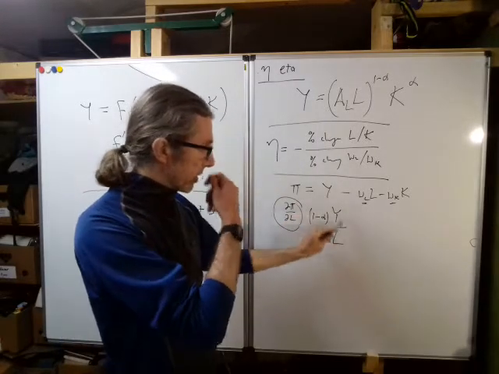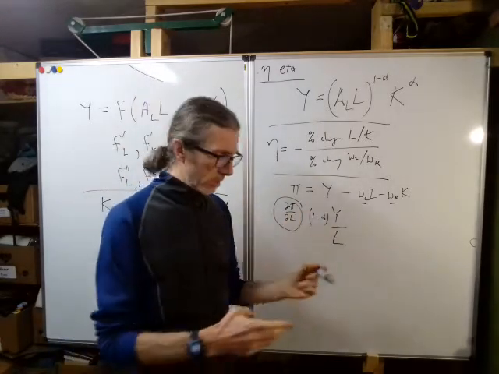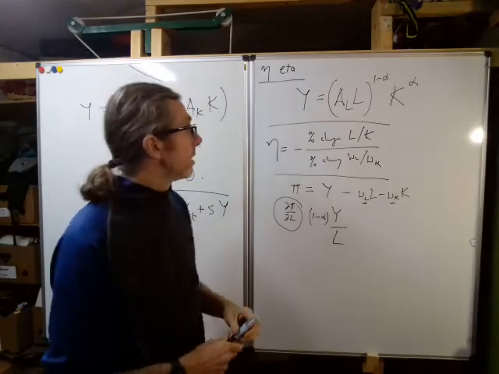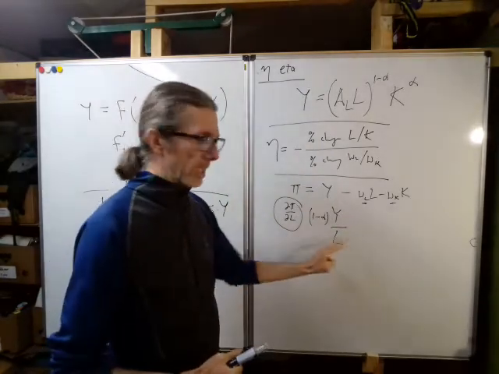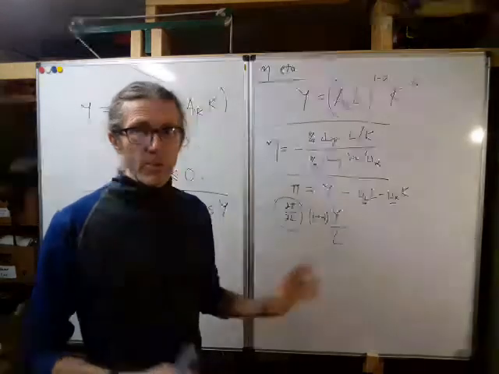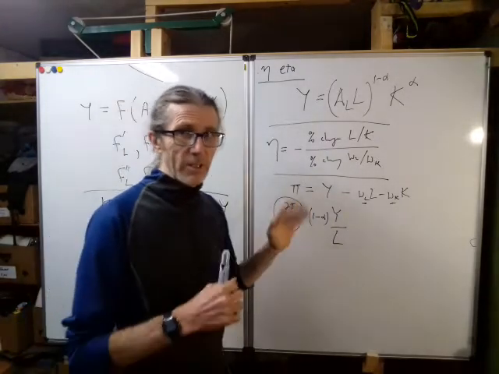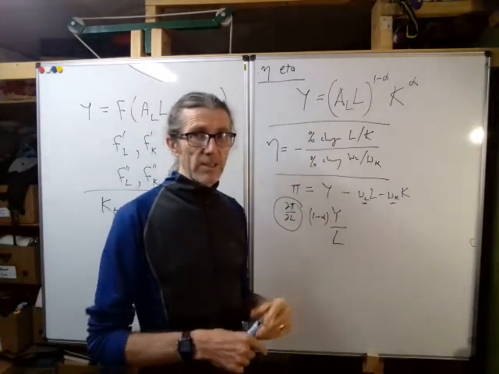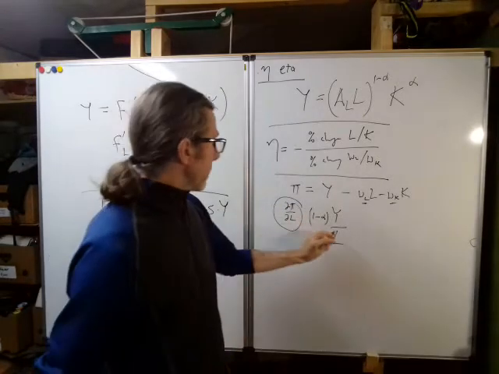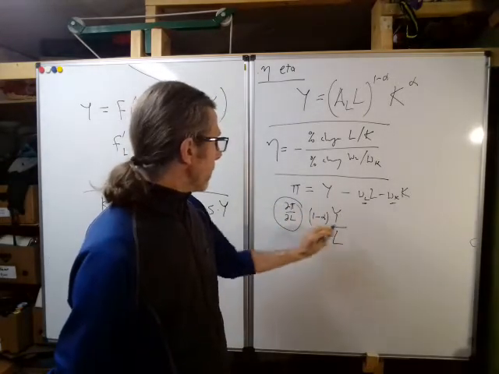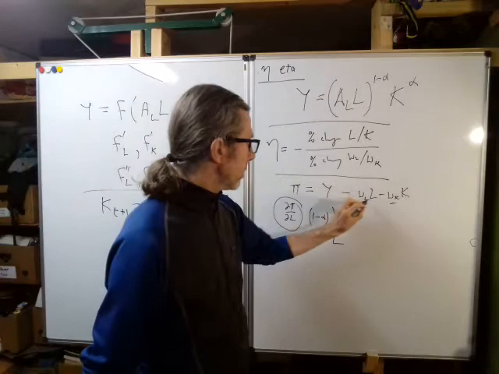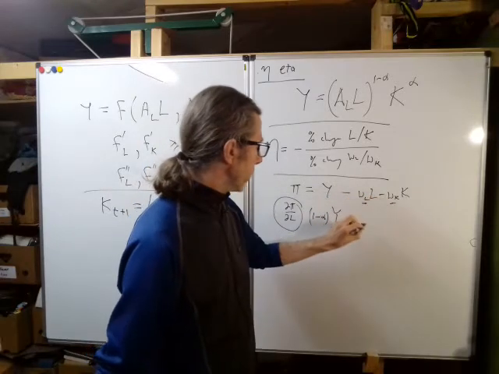So if you can't just see that, practice it, okay, until you've got the hang of it. I call it differentiating like an economist. You save so much time and trouble, and the risk of errors goes down massively. So that's dy by dl, and then we have minus wl equals 0.